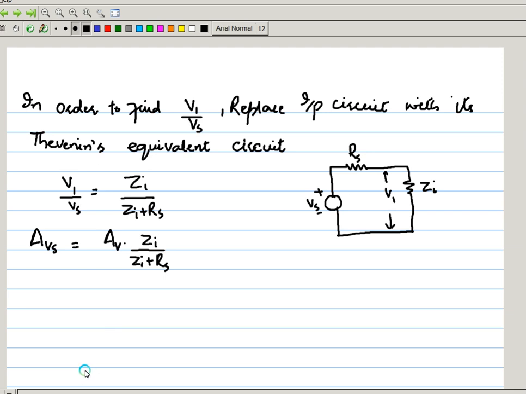Again, we know what AV is equal to in terms of AI. AV in terms of AI is AI into RL divided by Zi, into Zi divided by Zi plus Rs. Now you'll be surprised wherein we got this AV replaced by AI into RL.